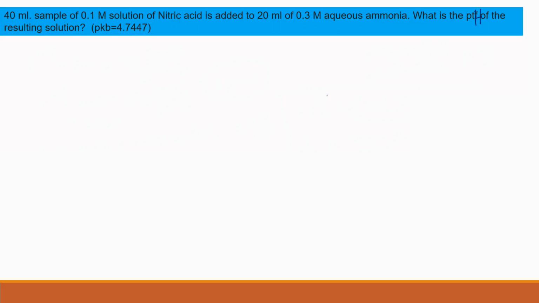The pKb is 4.7447, which is given. This is a mixture of acid and base: HNO3 and ammonia react to give ammonium nitrate. This is the standard equation.